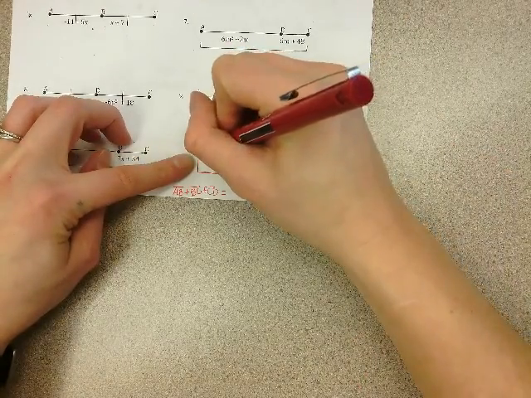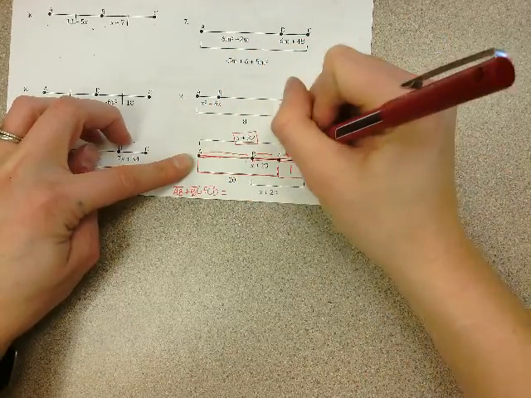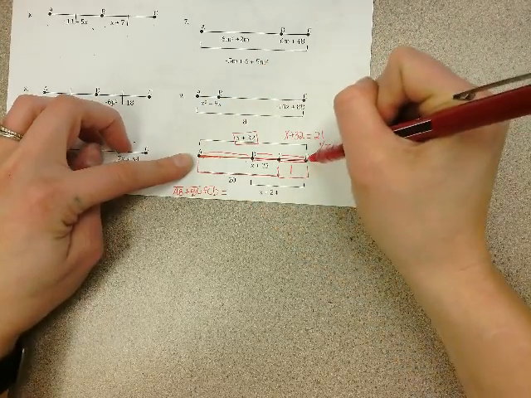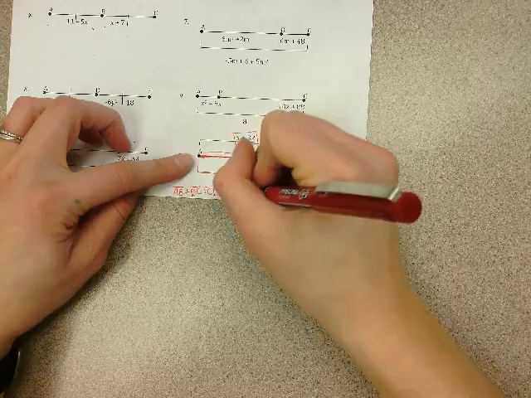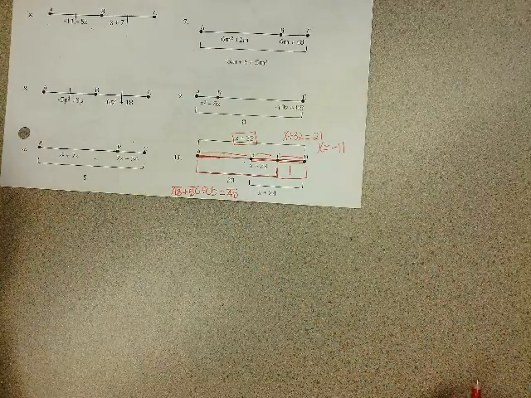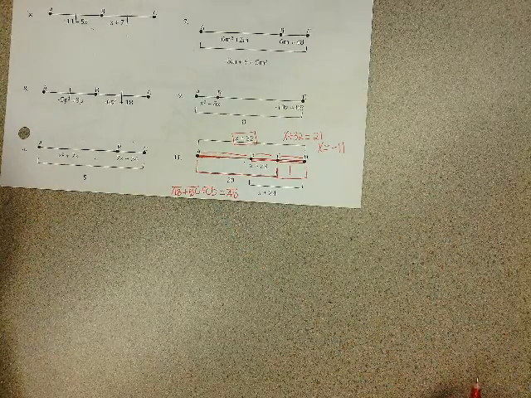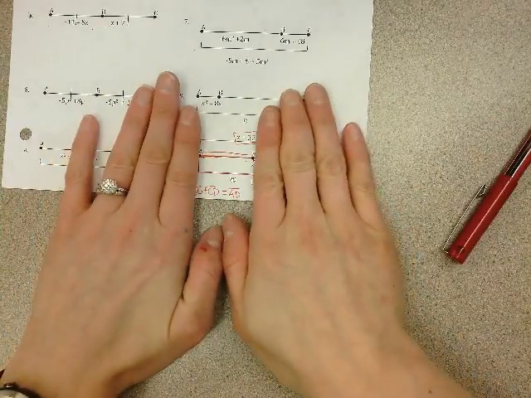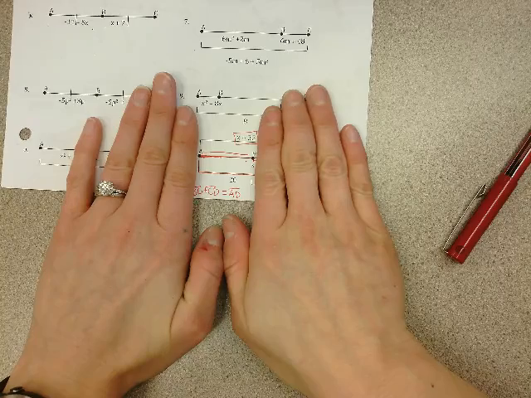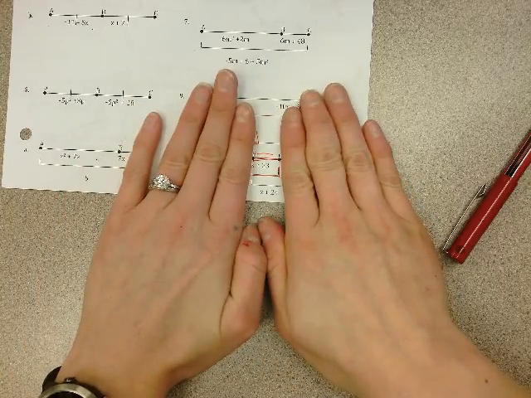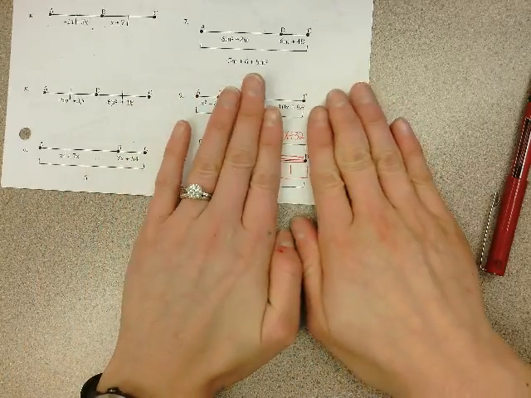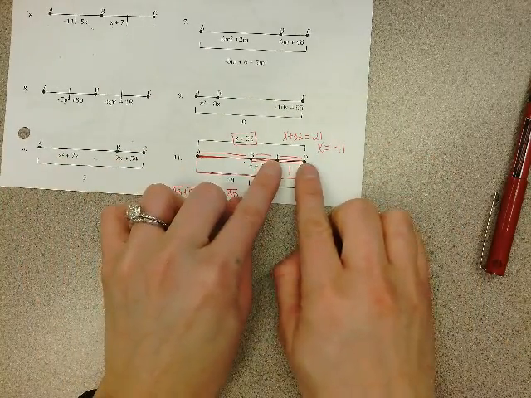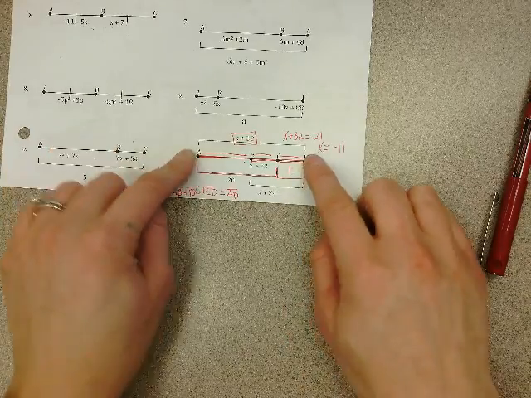If I add AB and BC and CD together, I get the segment AD. Here's AB. Here's BC. Here's CD. When I put all of those segments on and connect them, I get the whole length of AD.